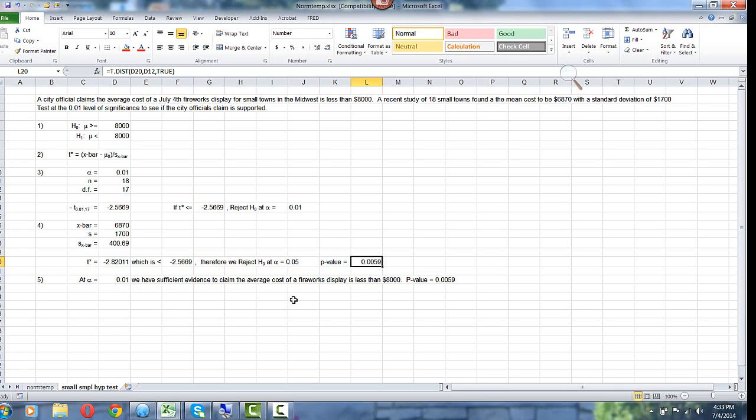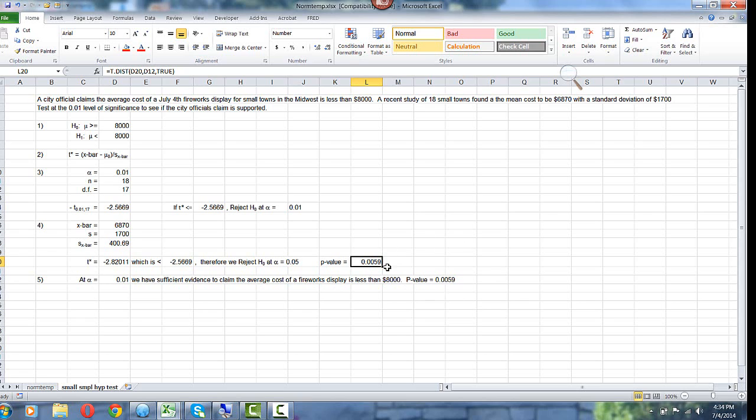We have sufficient evidence to claim the average cost of a fireworks display is less than 8,000, but that was all based on an alpha of 0.01. So if somebody wants to use 0.001, then because it's less than the p-value of 0.0059, that particular person would not agree with us. They would fail to reject.